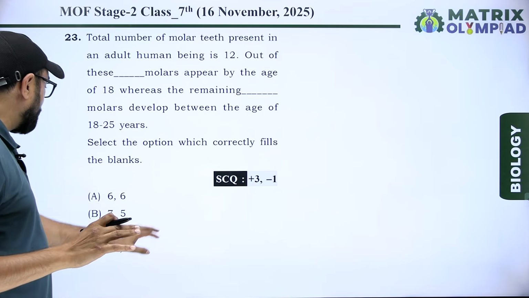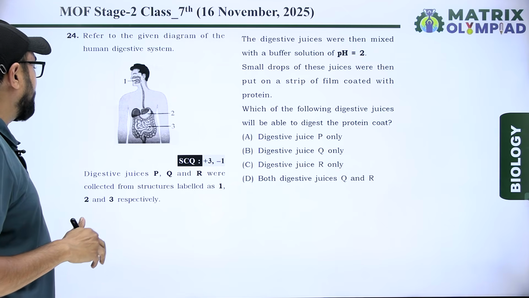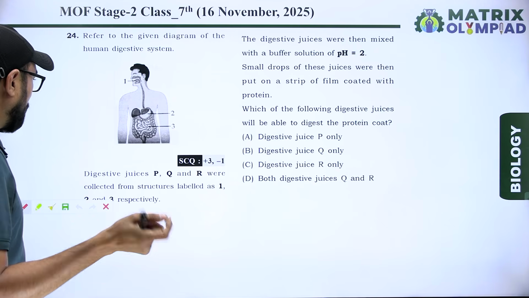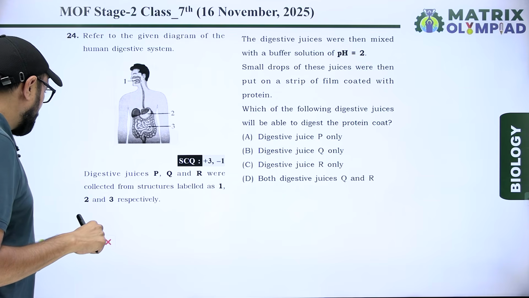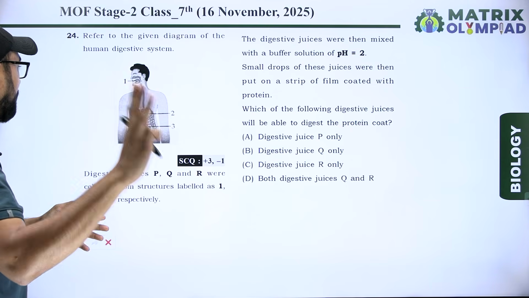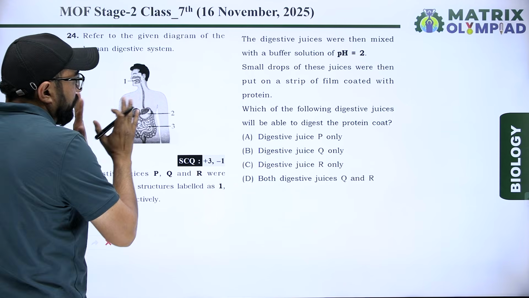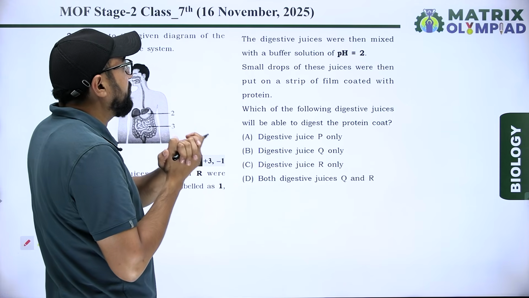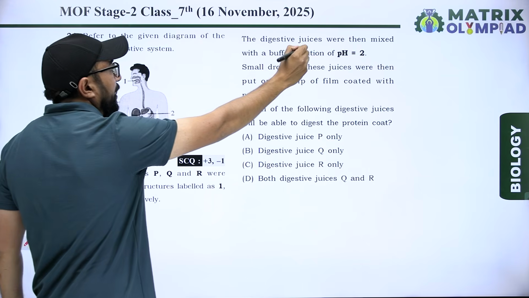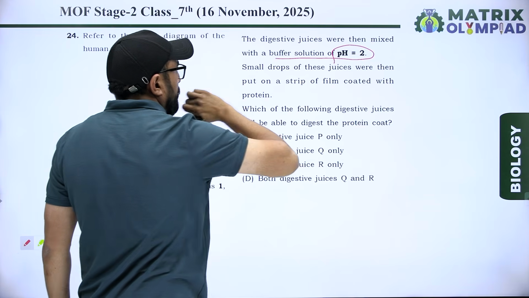The next question is, refer to the given diagram of the human digestive system. Digestive juices P, Q, R were collected from structures labelled 1, 2 and 3 respectively. It means the secretion stored in it. The digestive juices were then mixed with a buffer solution of pH 2.